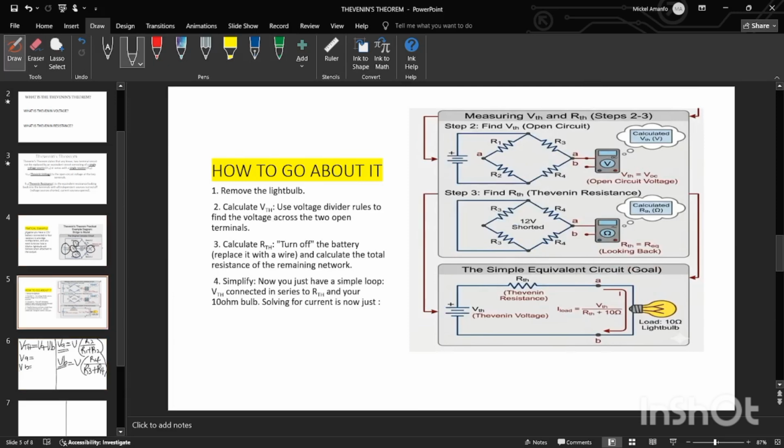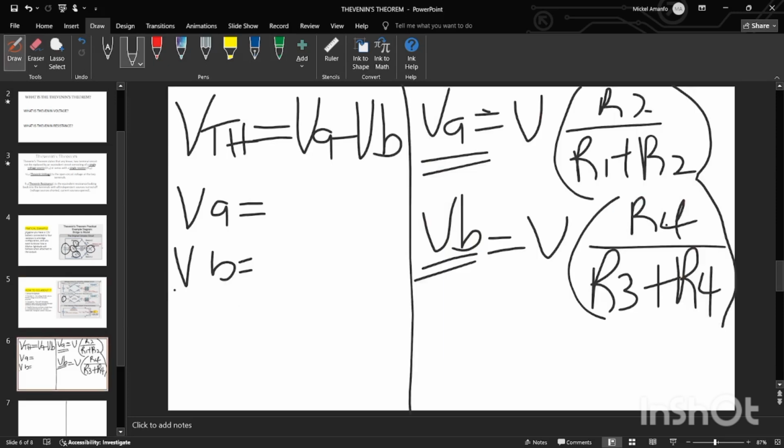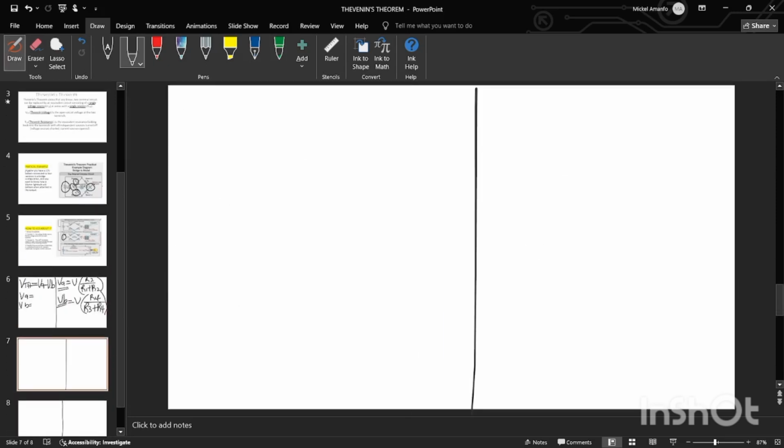And our third step is we turn off the battery. So we remove the voltage source. That's the total voltage. We remove the total voltage source. Then we calculate for the total resistance of the remaining network. So how do we calculate for the total resistance of the remaining network?